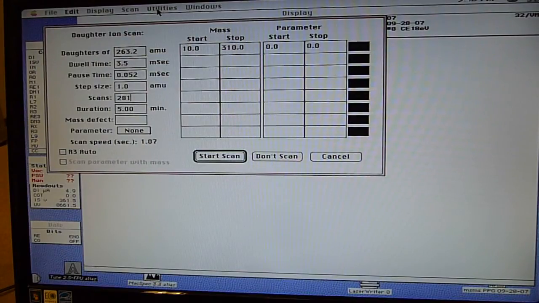There's nothing magical about 1 second scans. It just works out nicely for me. It's not too slow, it's not too fast.